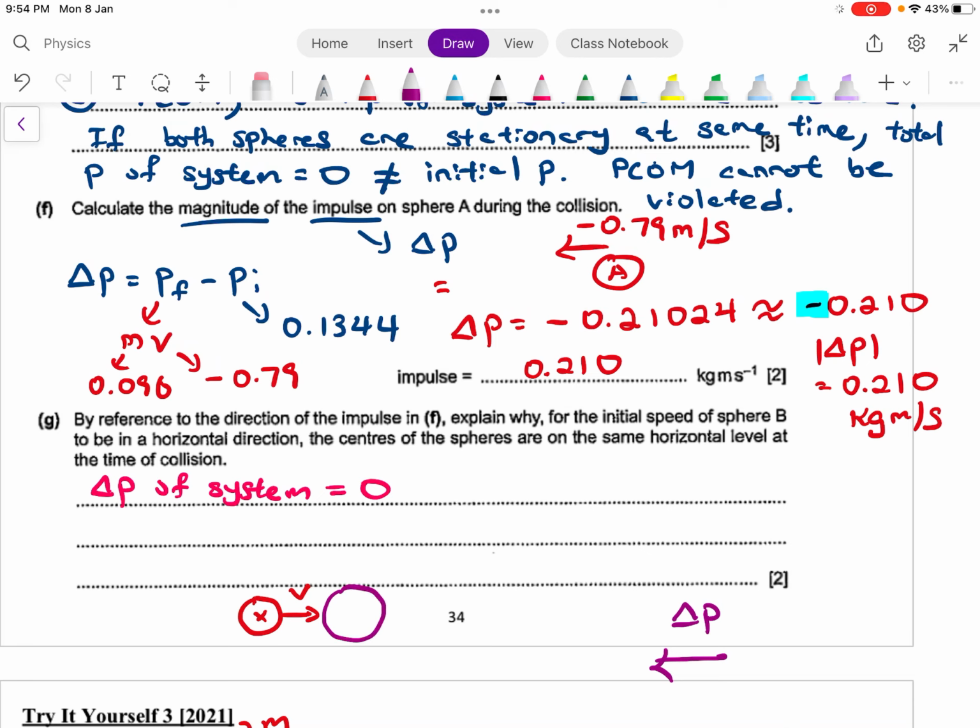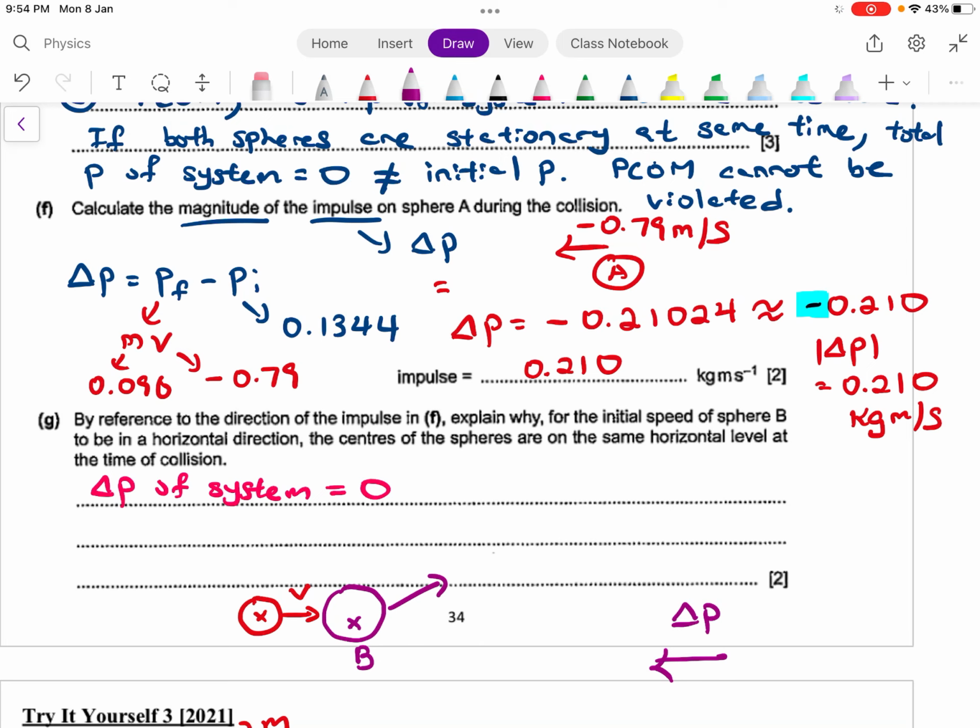Let's say the center is right here. What you realize is that the centers are not aligned on the same horizontal level. So if this situation arises, sphere B will not move horizontally. It will move at maybe a diagonal speed.